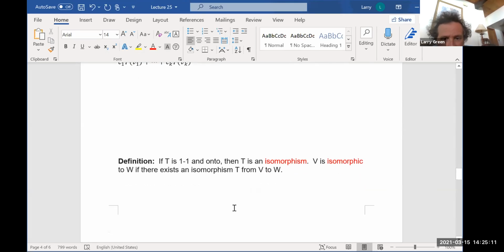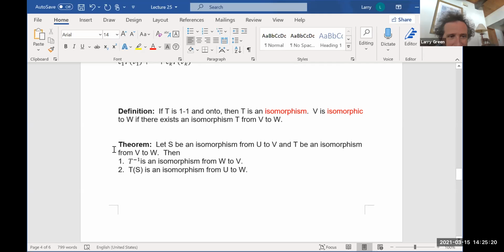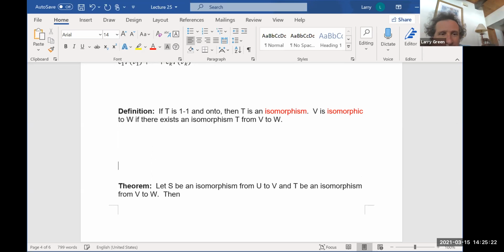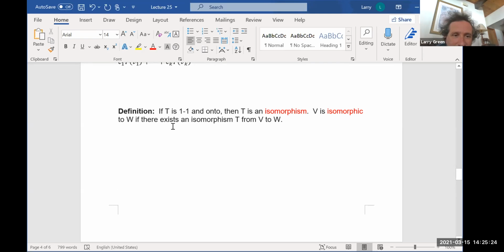Okay. So now the definition, which you should all already know, even though I haven't officially given this definition for general vector spaces, but it is an important one. If T is 1-to-1 and onto, then T is an isomorphism.